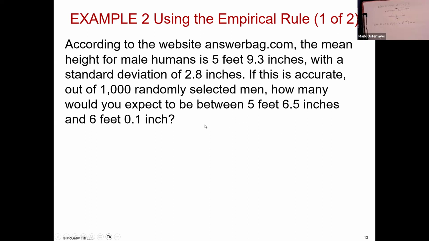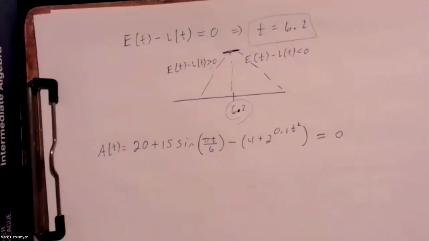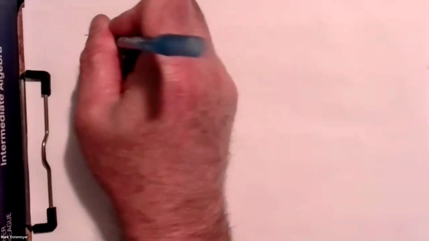All right, well, what we're going to have to do is convert these values into what are called z-scores. So what is a z-score? A z-score is basically a measure of position for a data value.